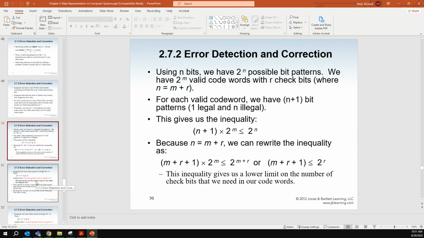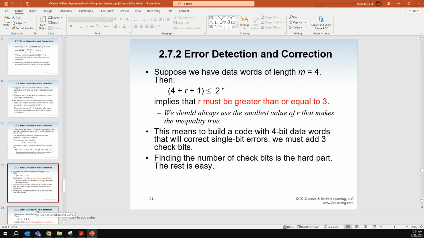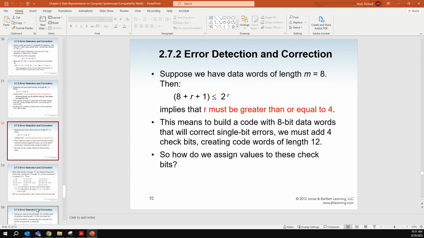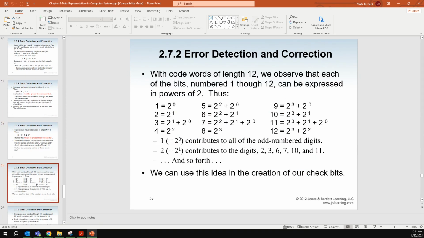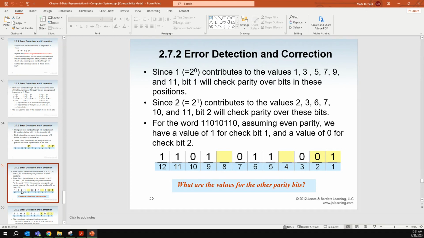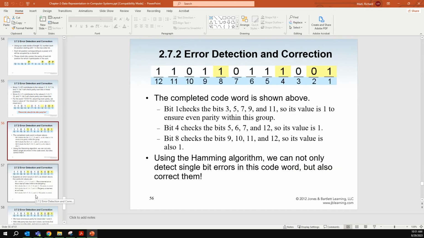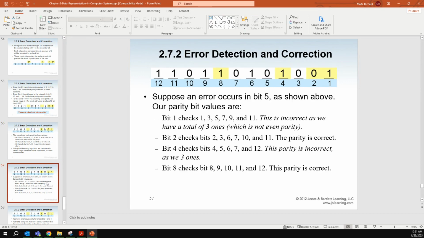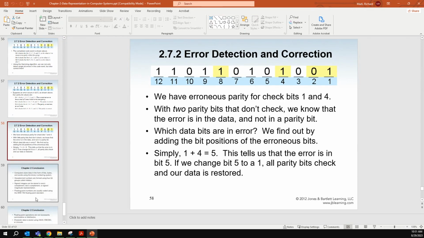You can look through those examples as well. It goes more into the examples. You can look through these examples using the Hamming algorithm. And more examples are shown here.